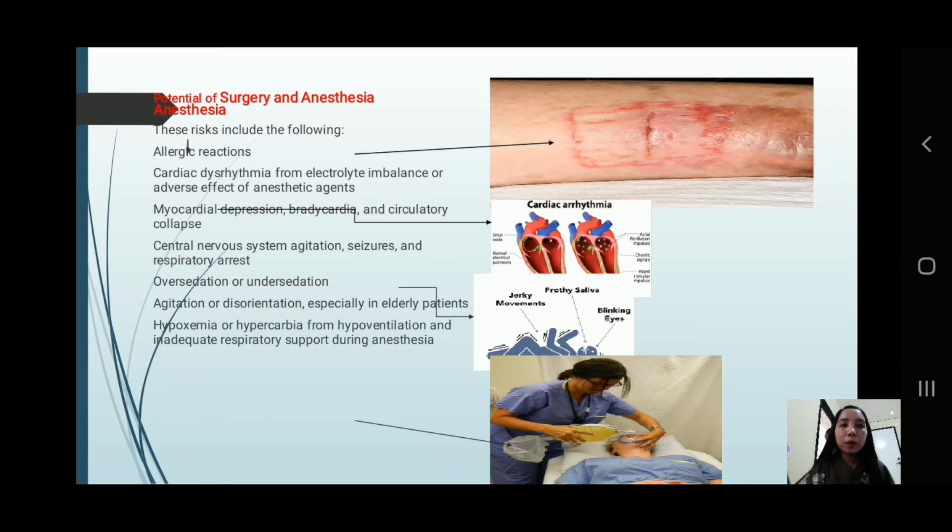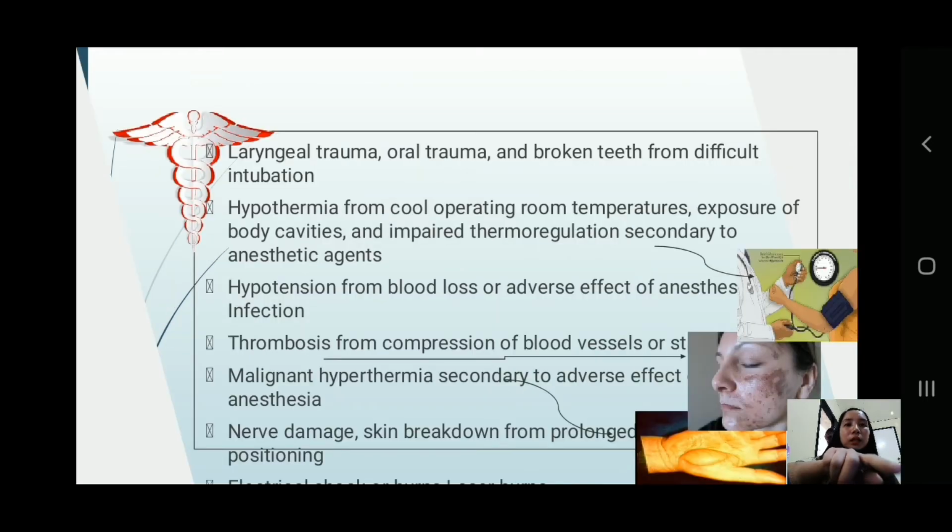The next is hypoxemia and hypercarbia from hypoventilation and inadequate respiratory support during anesthesia. Hypoxemia occurs when the level of oxygen in the blood is lower than normal.